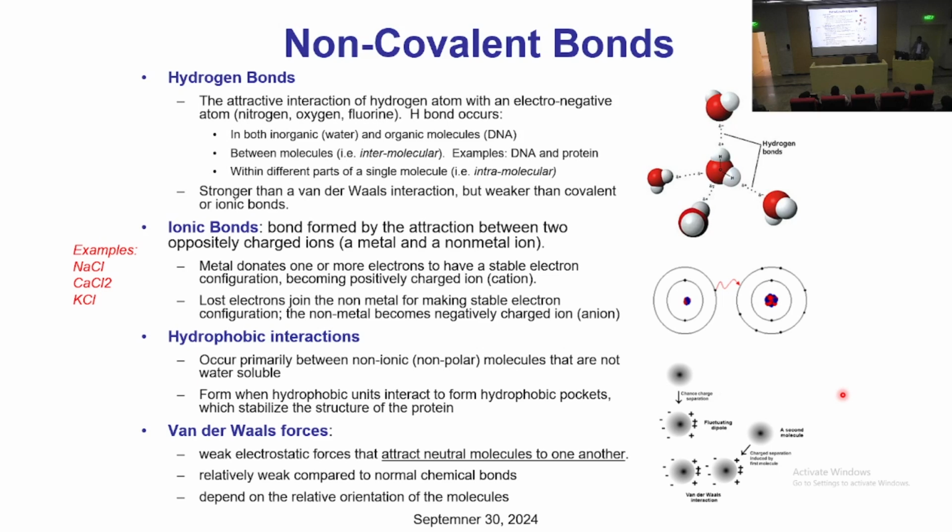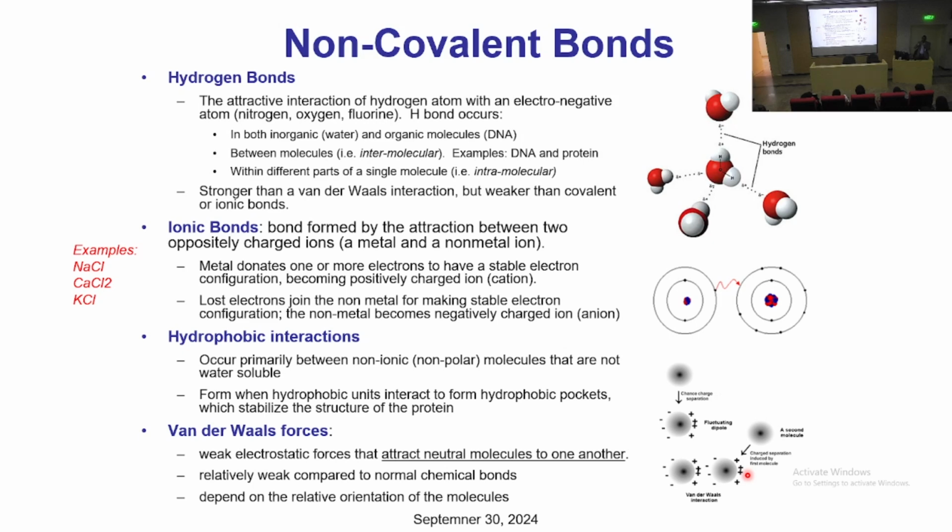But what happens in this molecule is that, for example, if you look at molecule 1, it has 4 negative and 4 positive charges, so it is neutral. Molecule 2 is the same, with 4 negative and 4 positive charges. But here they change the configuration, so they distribute the positive and negative charge on different sides, and then they bind together with the opposite charges in the molecules, and this bond is called van der Waals forces.